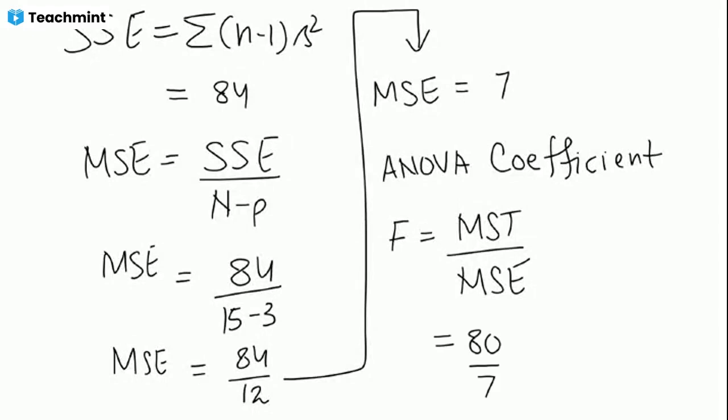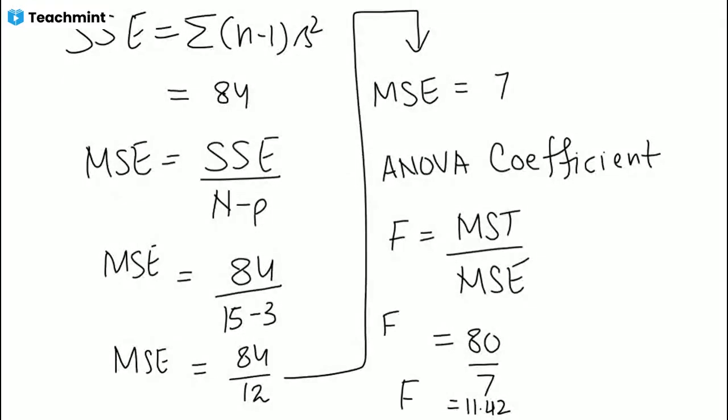So now calculate it. 80 divided by 7. So we have 11.42. Okay.